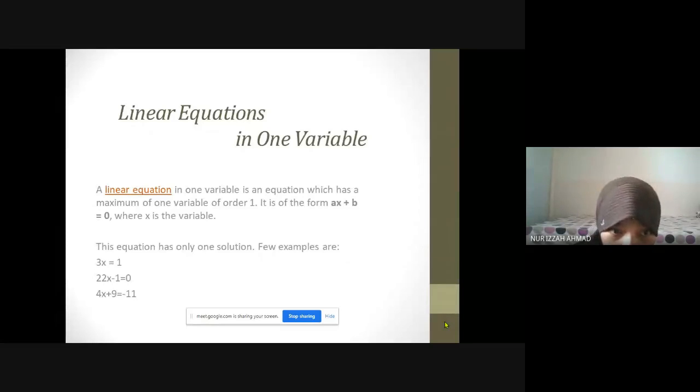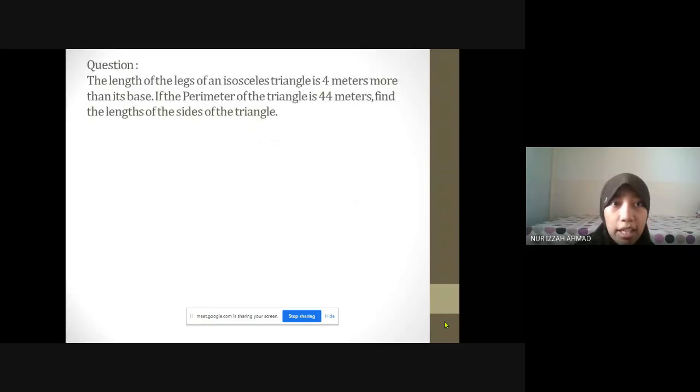Few examples are 3 times x equals 1, 2 times x minus 1 equals 0, 4 times x plus 9 equals negative 11. Question. The length of the legs of an isosceles triangle is 4 meters more than its base. If the perimeter of the triangle is 44 meters, find the length of the sides of the triangle.